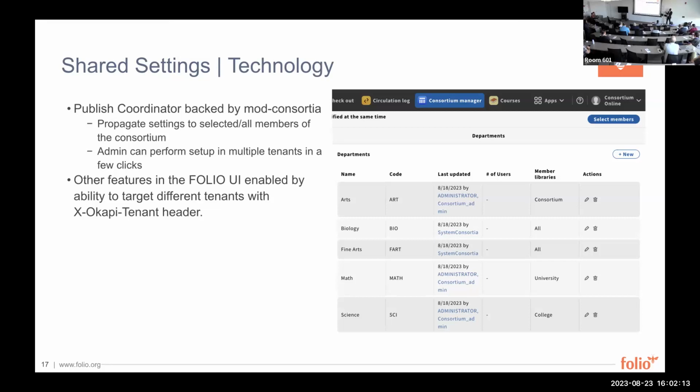Other features in the FOLIO UI are enabled by the UI being able to target different tenants. There are a lot of niceties in the UI that prevent needing to log into every tenant, because with one token, we can get data from multiple tenants and display it as necessary, all still having the appropriate authorization on each object.